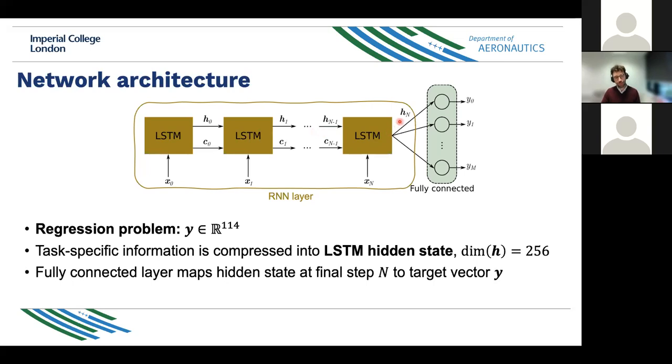At the final time step, we pass the hidden state to a fully connected layer to finally obtain the fixed size target vector. The dimension of the hidden state is 256 units, which turned out to be okay for what we needed.